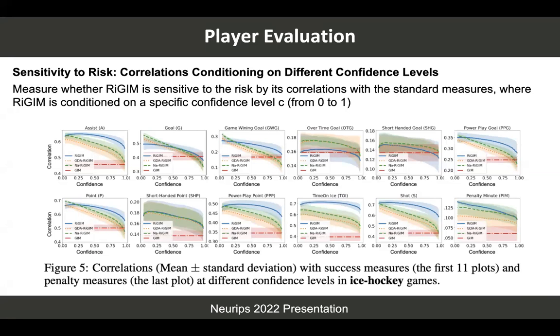So this is the correlation with the standard measures versus the confidence threshold, right? Yes. So as you decrease the confidence threshold, you have less correlation, right? I mean, actually not, there is a little local maximum here.